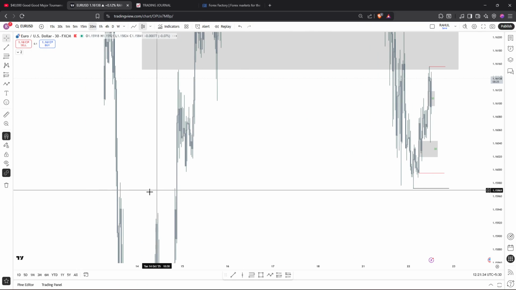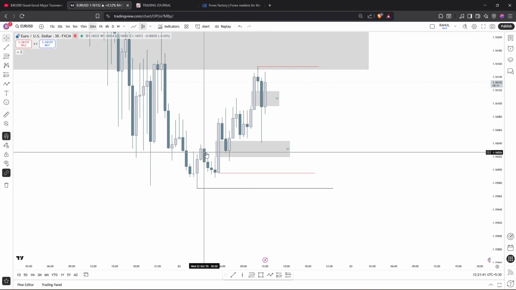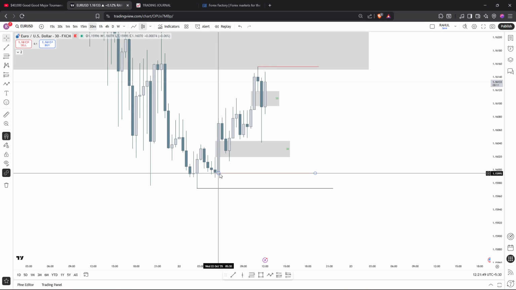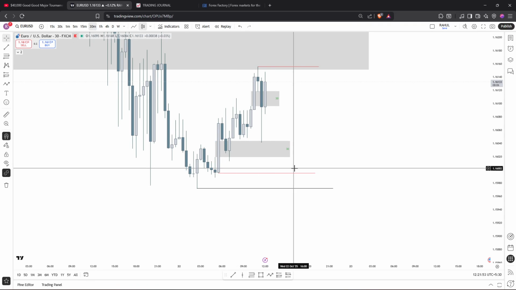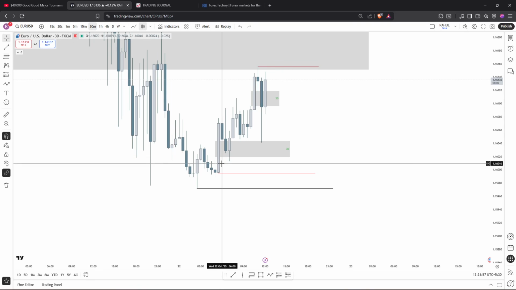If you see the 4 hour time frame, this was the FBG. It tapped the FBG. Then it did an internal sweep and manipulation. Then we consolidated a little bit, changing the state. Here was the change in the state with displacement, formed a FBG, pulled back to the FBG, trade. The FBG kept open. Either the stop loss would have gone here or here. In futures, the thing that I noticed is that whichever FBG you enter, you can put your stop loss just below that or below this candle.